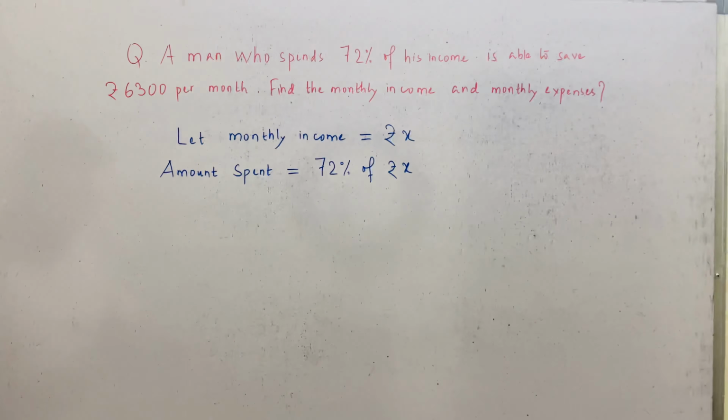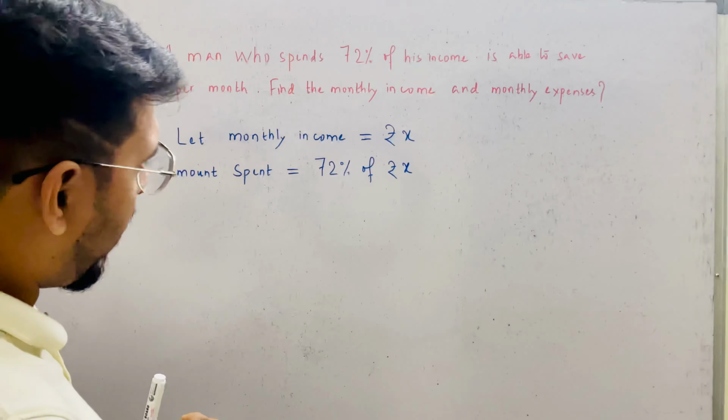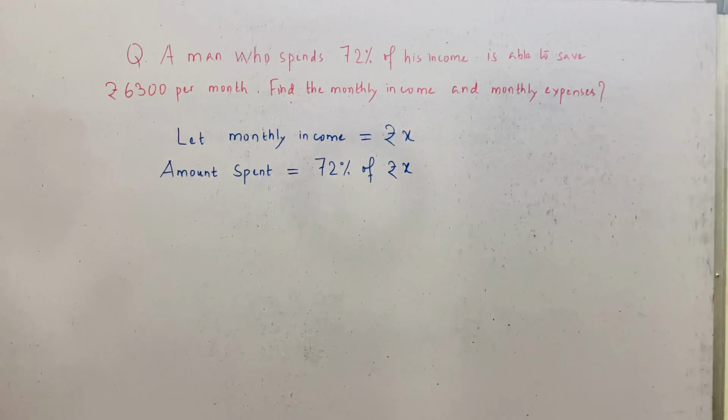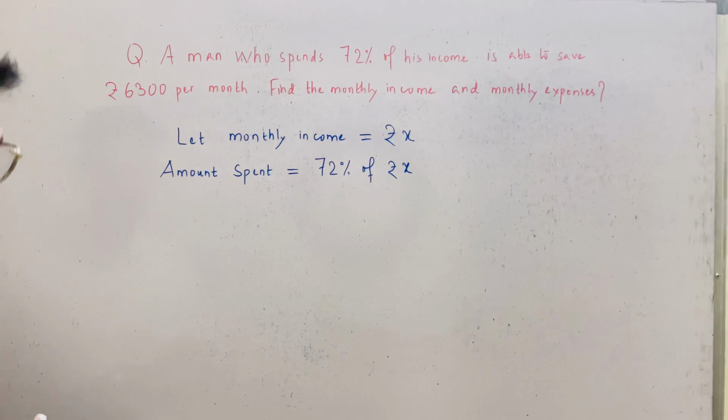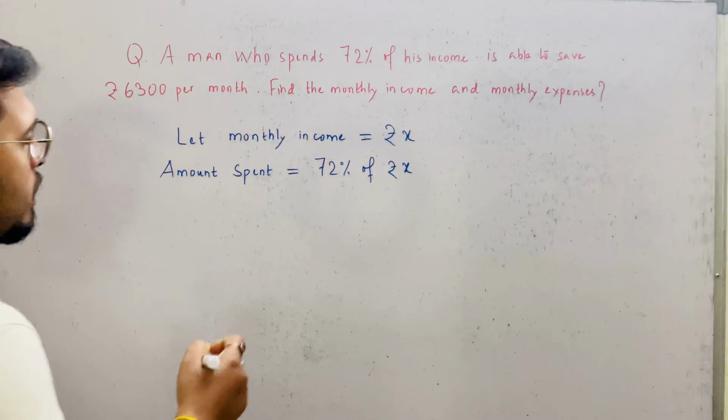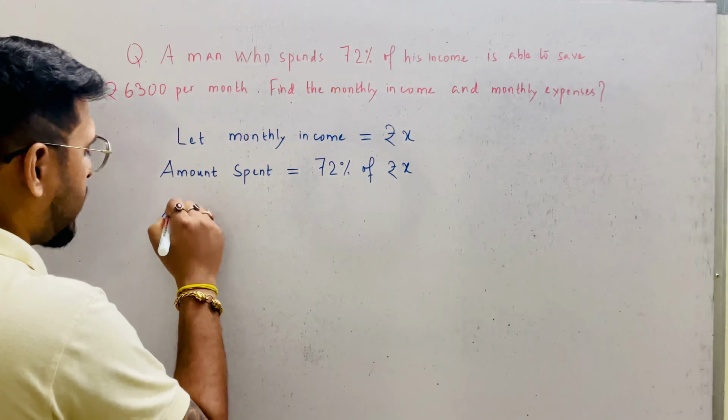So if 72% is spent, that means out of the total X rupees, 72% of that is spent. So how much amount is saved in terms of percent? So amount saved.